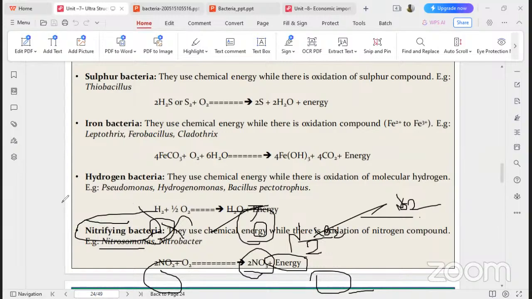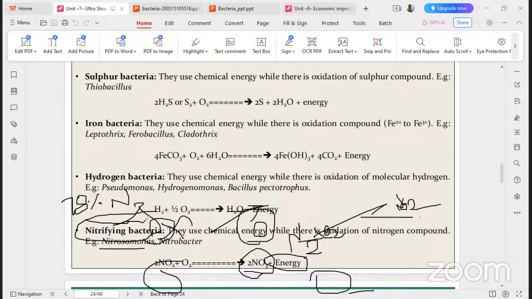Even though 78% of the atmosphere is nitrogen, we can't utilize that N2. It is utilized only by bacteria like Rhizobium, some fungi, and some blue-green algae.